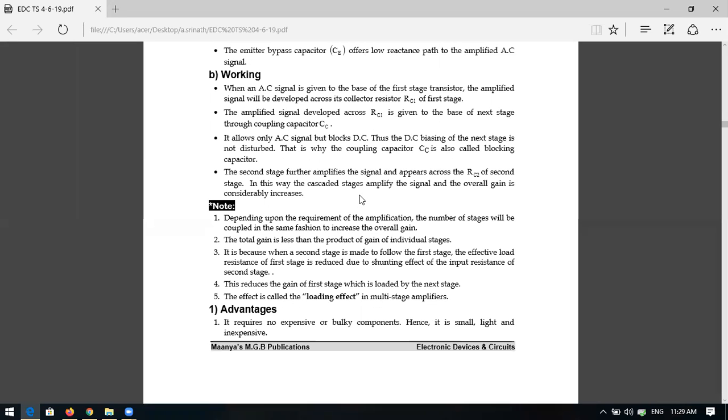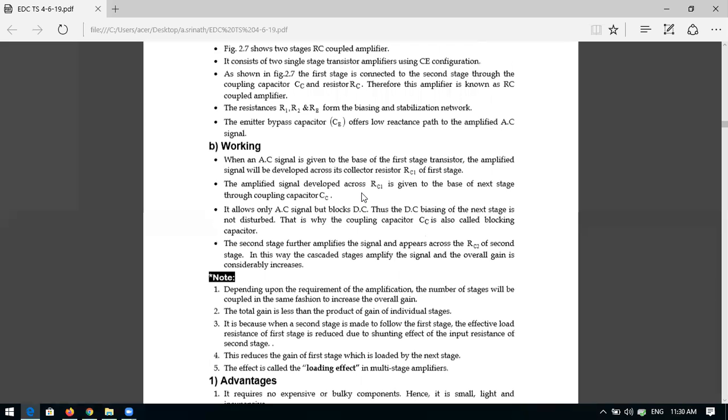Okay, so the next stage, the second stage, further amplifies the signal and it appears across the RC2 of the second stage. In this way, the cascaded stages amplify the signal and the overall gain considerably increases. Is it clear? The overall gain is improved. Because why?